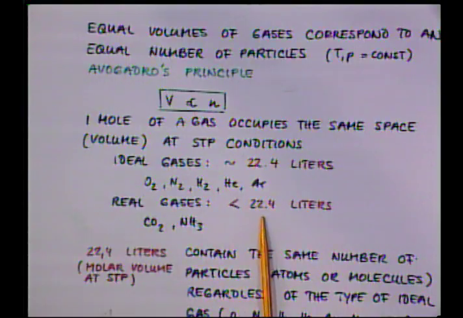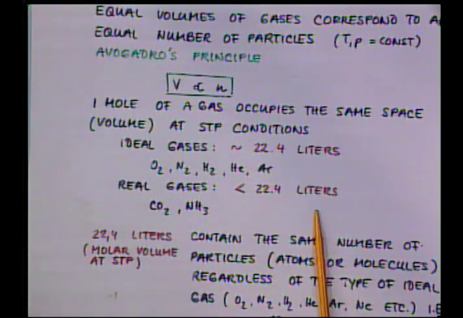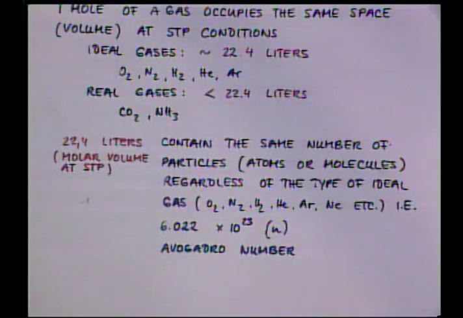If it's a real gas, it will be less than 22.4 liters. So real gases are the ones that are heavier in mass and therefore have more polarizability, more intermolecular forces, etc. So regardless of what gas we're dealing with, 1 mole always means 22.4 liters of volume will be displaced.